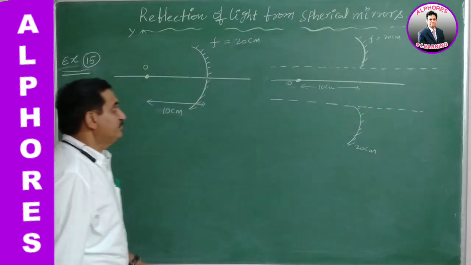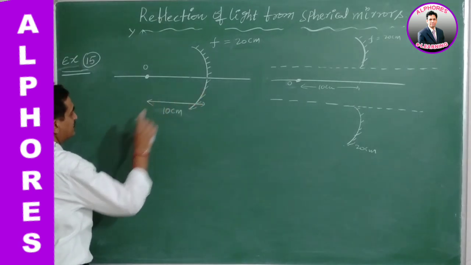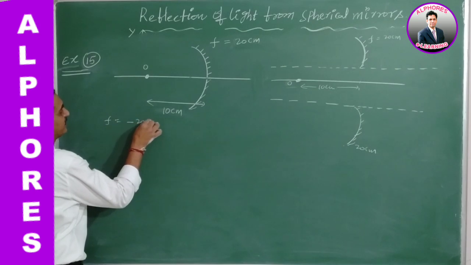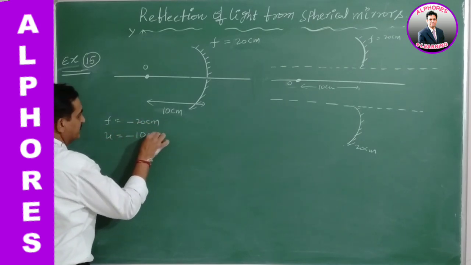Okay? Right. Before cutting into 2 equal parts, what is the position of the image? Let us find. Focal length is equal to minus 20 centimeters because it is concave. Object distance is minus 10 centimeters.